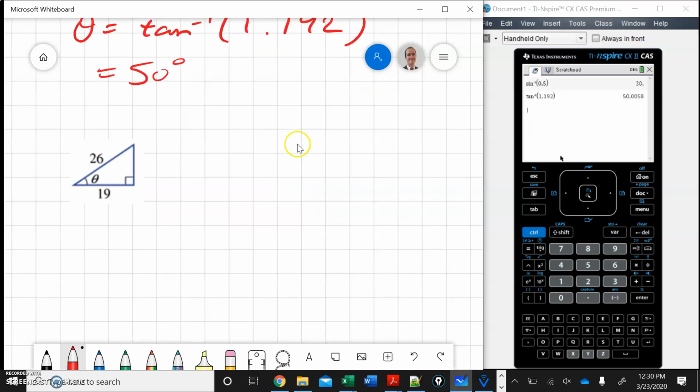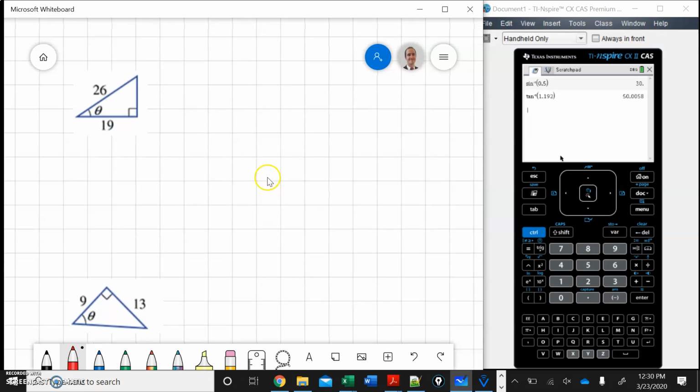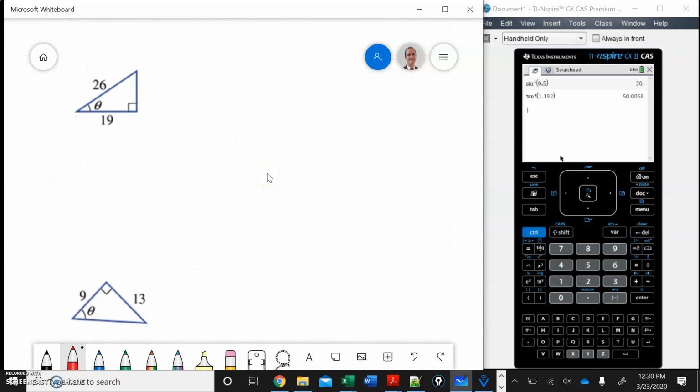All right, let's get down to some actual right-angled triangles. The first step, as we've done before with Pythagoras and mainly with trigonometry, is that we need to label the sides of the triangle. We label the longest side, which is opposite the right angle, as H. The side that's opposite the angle is labeled O, which is this one over here.